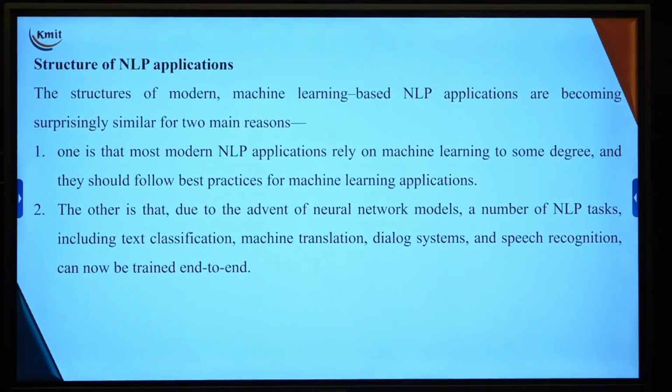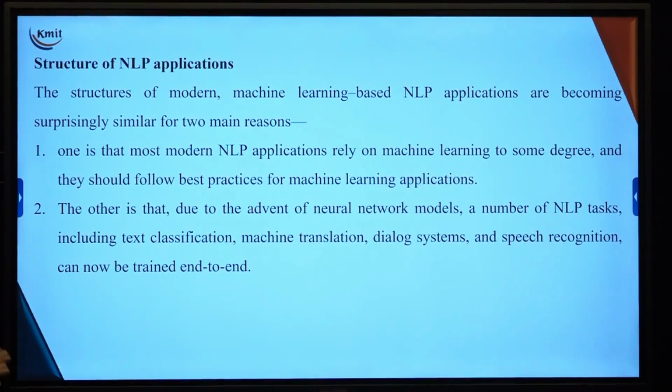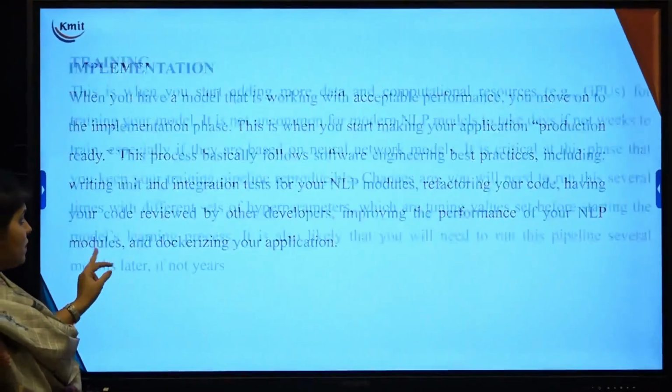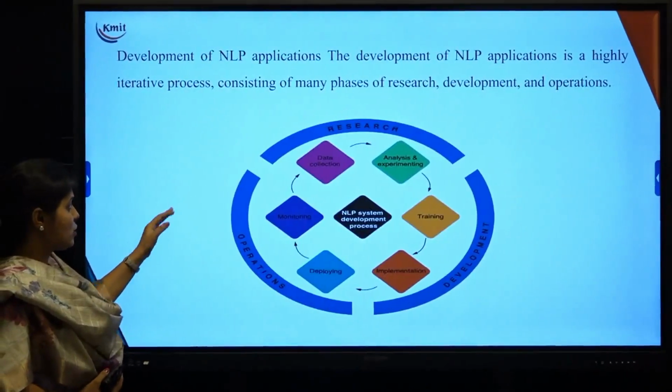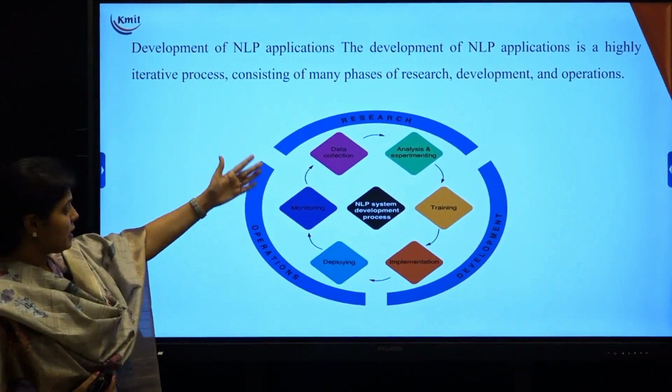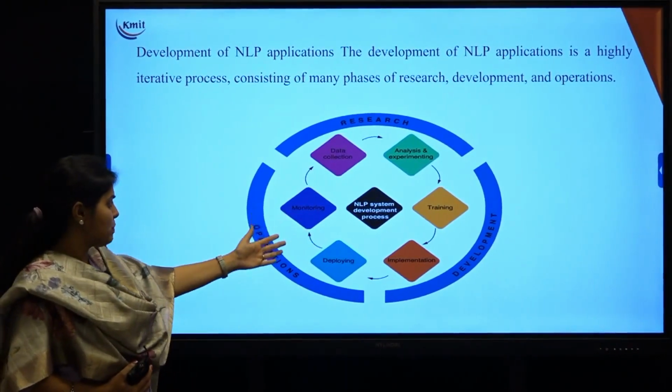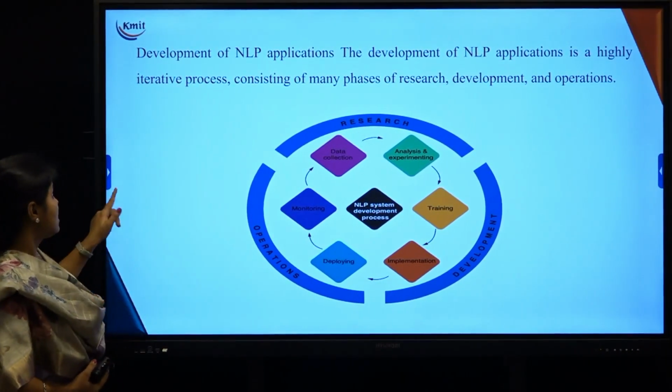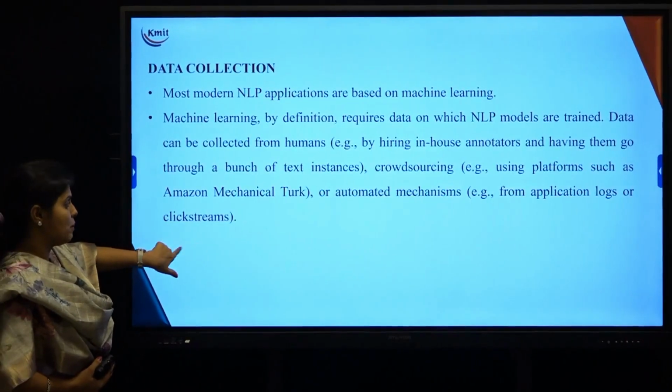Next, that was all about developing NLP applications. For developing NLP applications, these are the different phases: starting with data collection, experimenting and analyzing, training, implementation, deploying and monitoring. This is the complete development process of an NLP system.